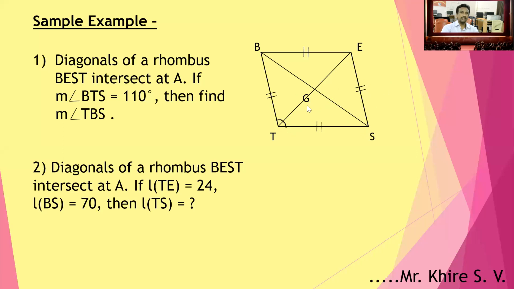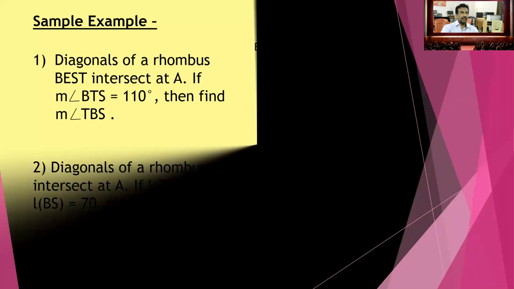Means the lengths of diagonals are given. You have to find out the side of the rhombus, TS. Okay? Let us see how we can find it.